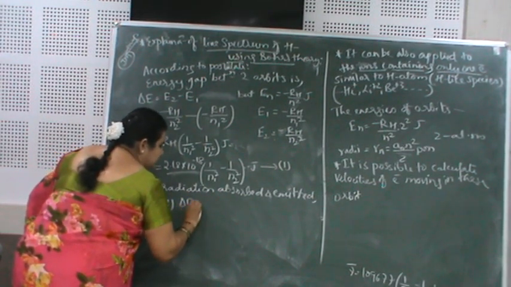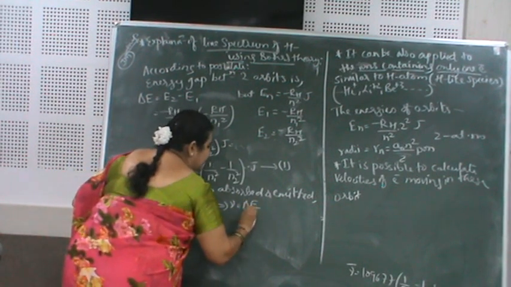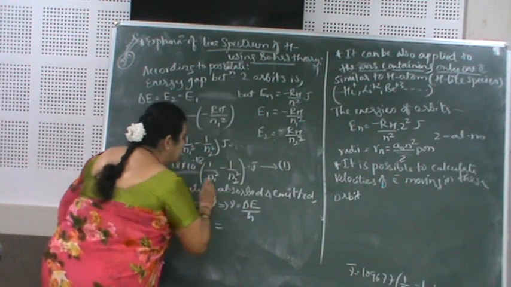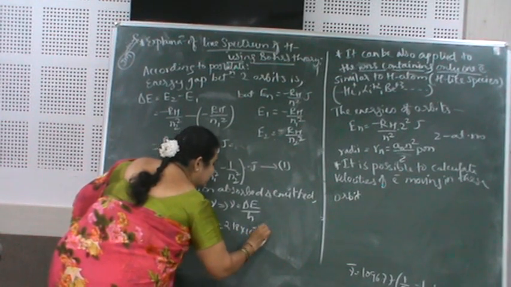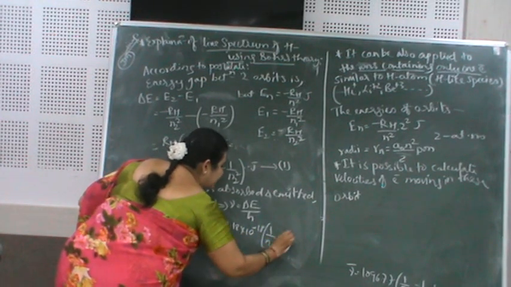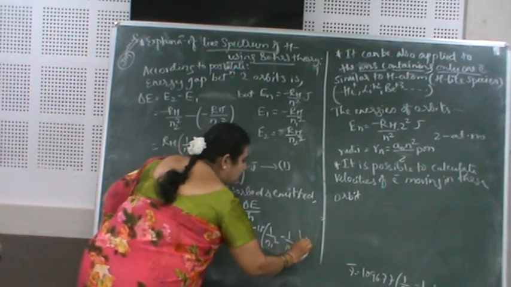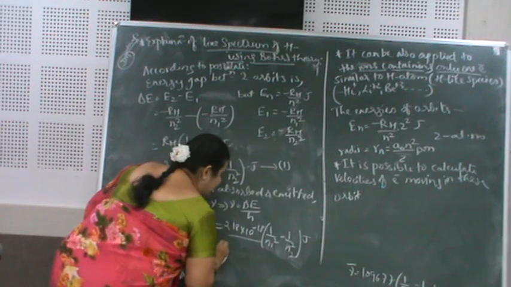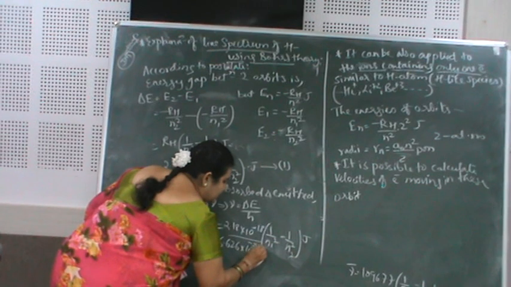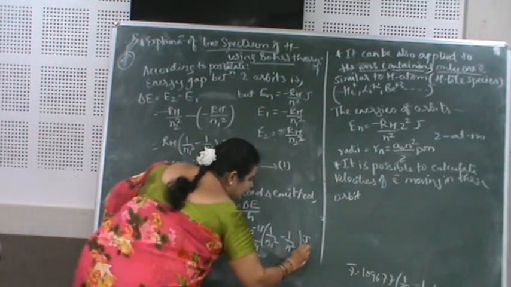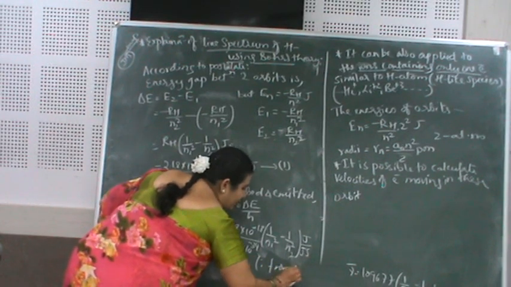Delta E is equal to h nu, implies nu is equal to delta E divided by h, that is equal to the delta E value I will substitute from the above equation, 2.18 into 10 raised to minus 18 into 1 by n1 square minus 1 by n2 square joules, divided by the h value, 6.626 into 10 raised to minus 34 joule second. So here I will write the reason from 1.